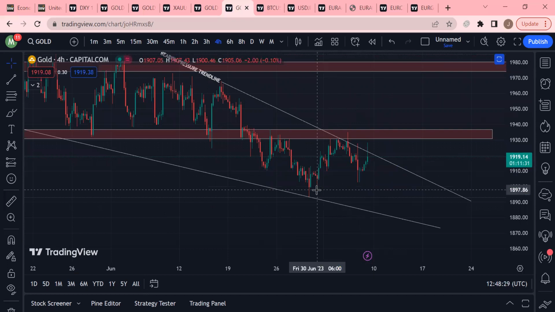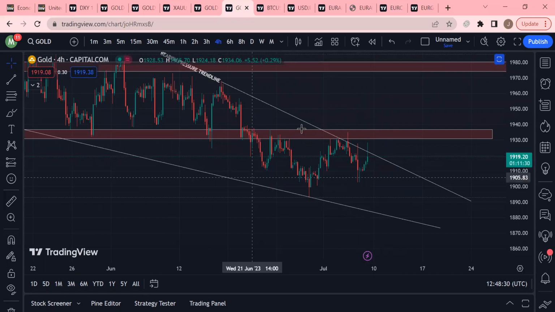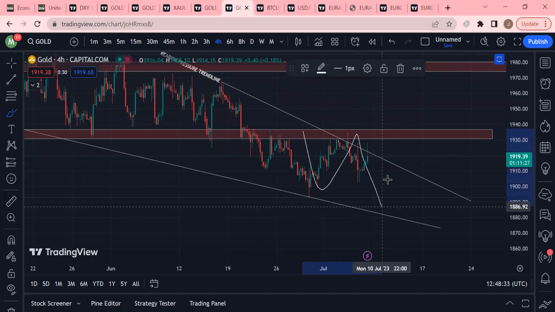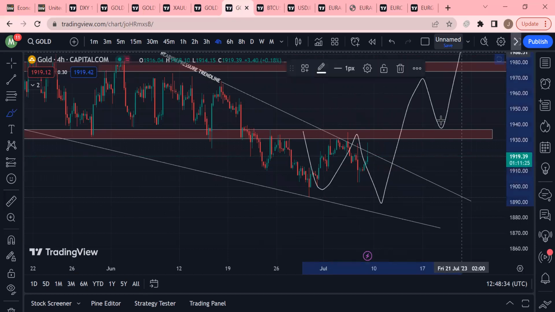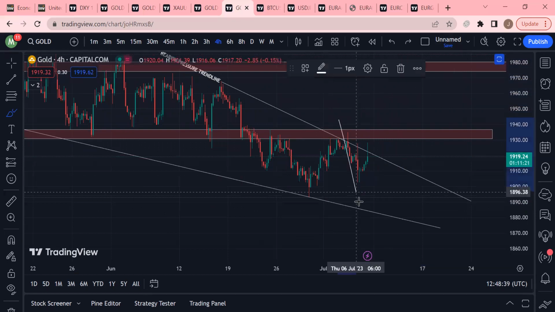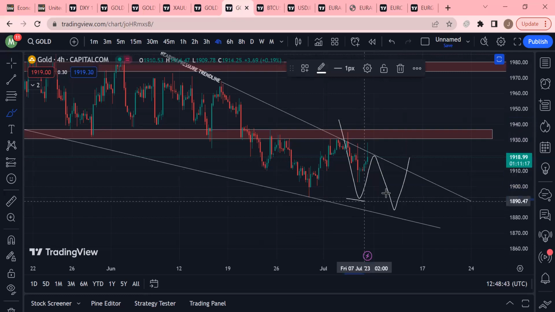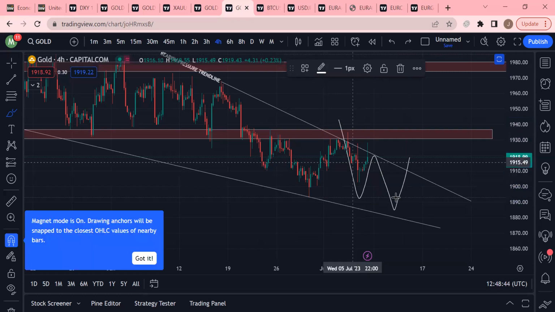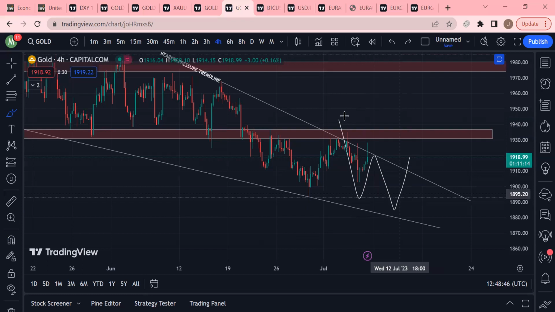Gold does just these two things: either a W pattern break and continuation to the upside, or, if it does for an uptrend, come down, break, come down. It loves the fake out concept.